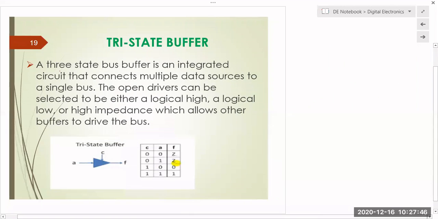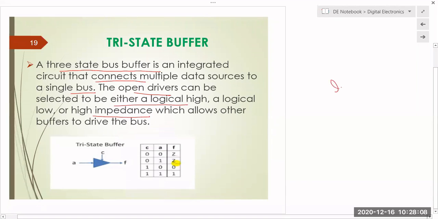A 3-state buffer is an integrated circuit that connects multiple data sources to a single bus. The open drivers can be selected to be either a logical high, a logical low, or high impedance. These are the 3 states.